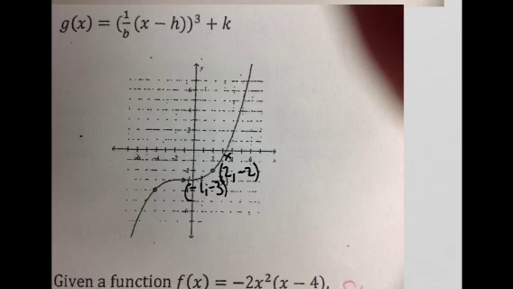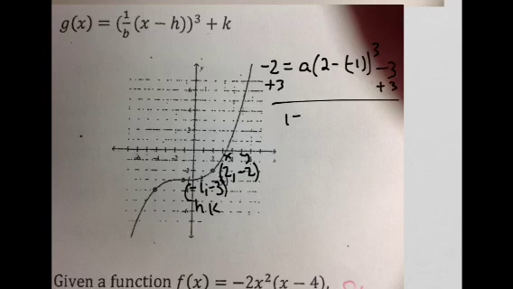This is my x, y, and this is my h, k. So negative 2 equals, and again, I'm going to keep a. X would be 2 minus a negative 1 for h, cubed, minus 3.